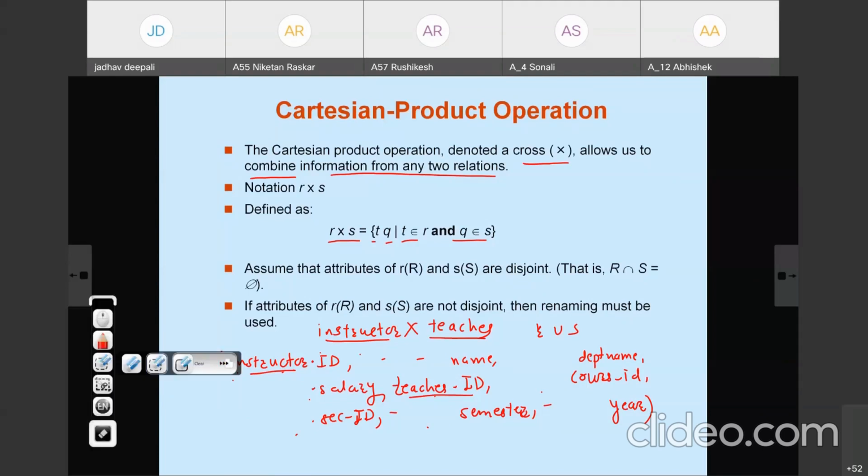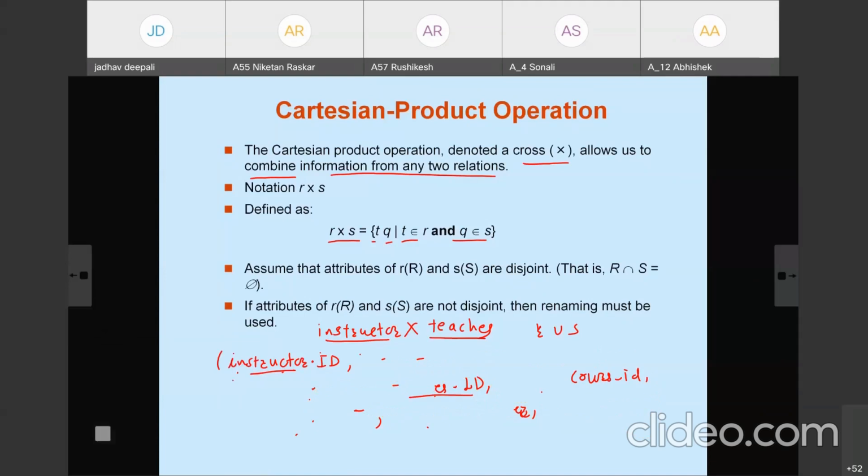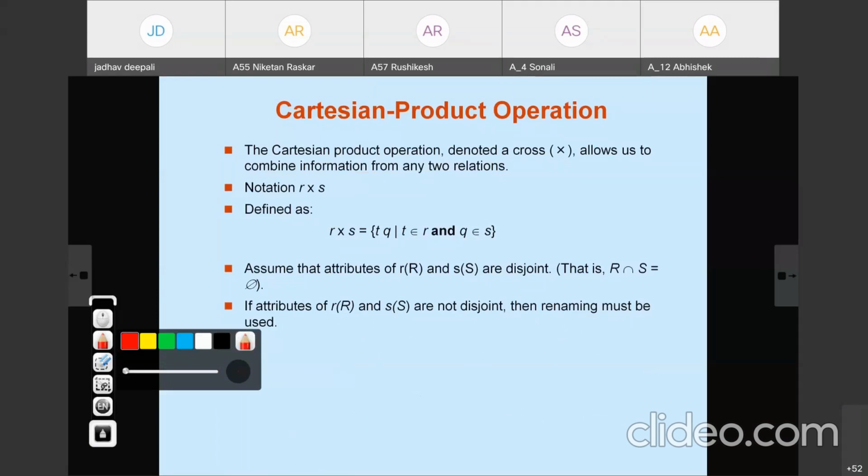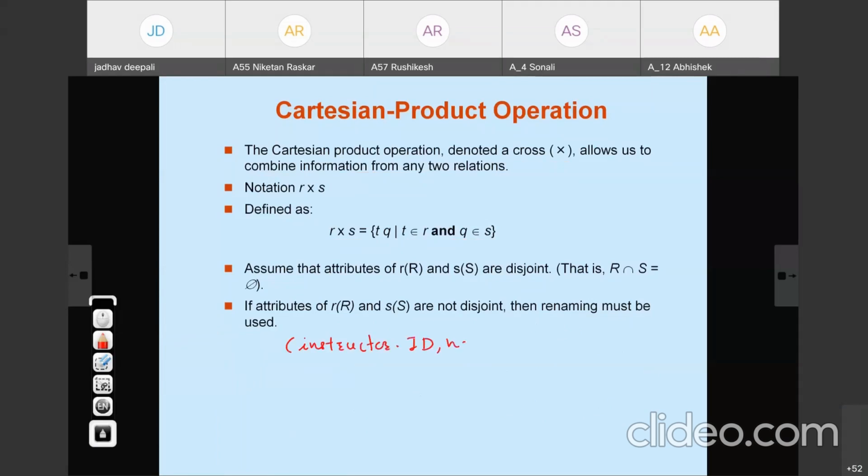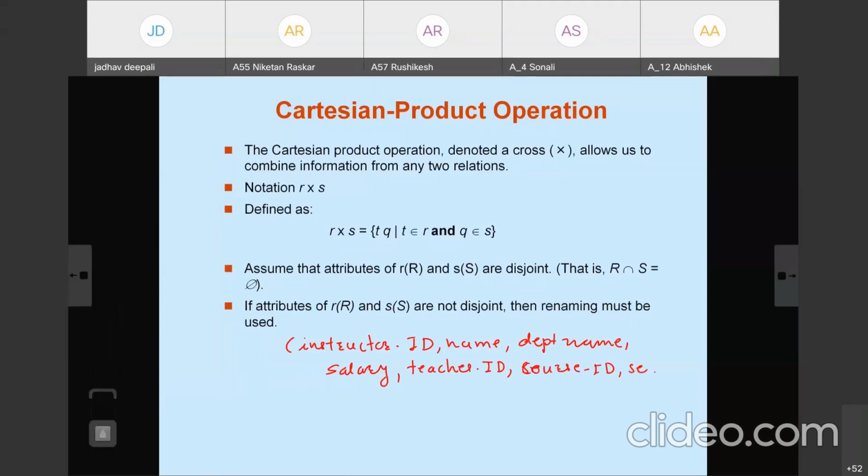So in the resulting relation, the attributes are instructor.id, name, department name, salary, teaches.id, then course id, section id, semester and year.